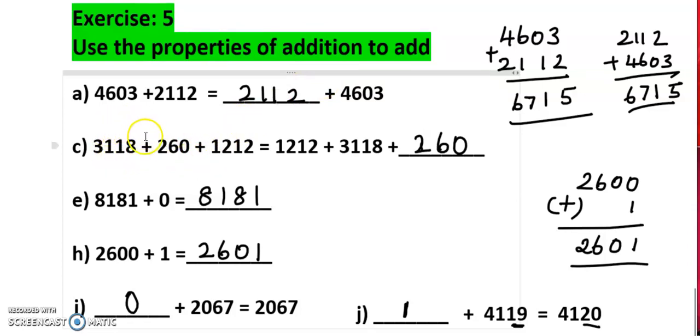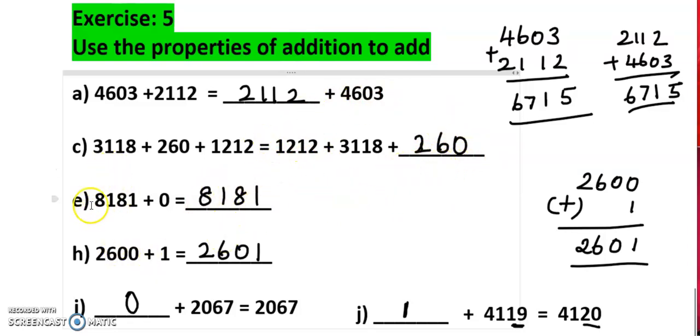In the grouping property, how many numbers will be used? Three numbers. So three numbers can be added in any order. Their sum remains the same. If you are adding three numbers and changing the order, then you will get the same answer. That is, the sum is the same.